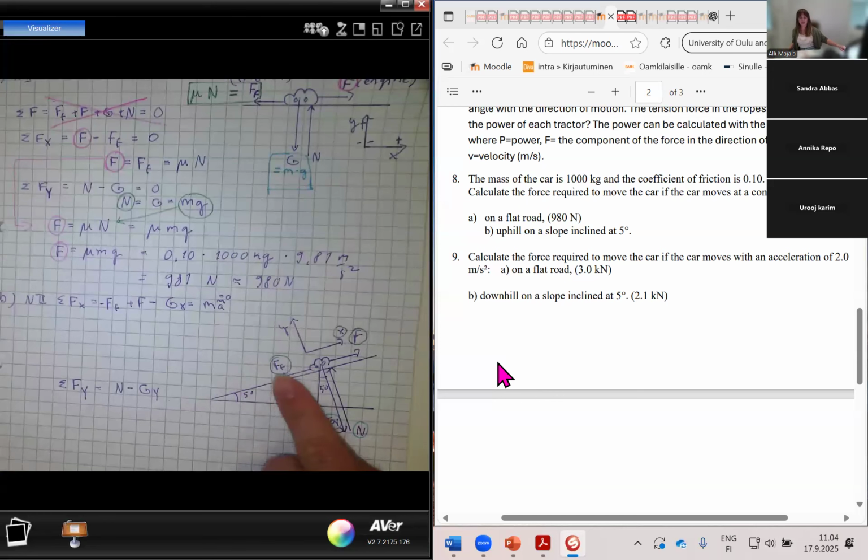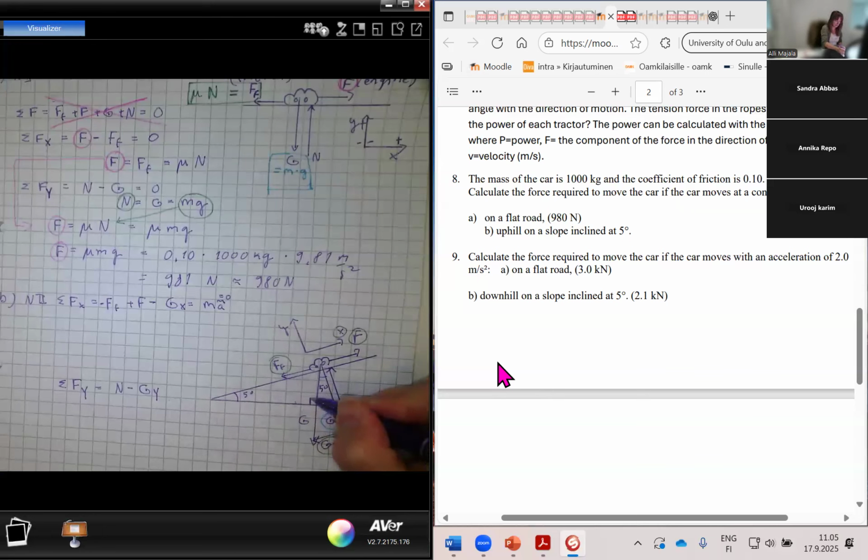If you have a straight angle here, like this kind of a thing is a straight angle, then I have here a right angle triangle, and also here I have a right angle triangle.